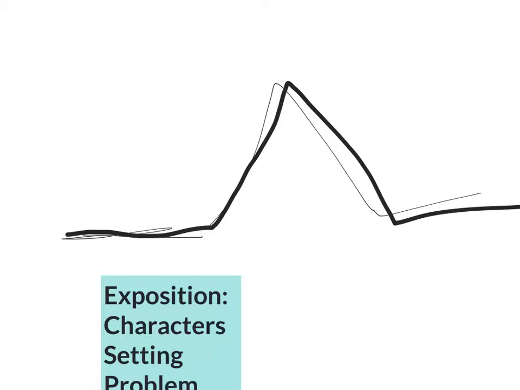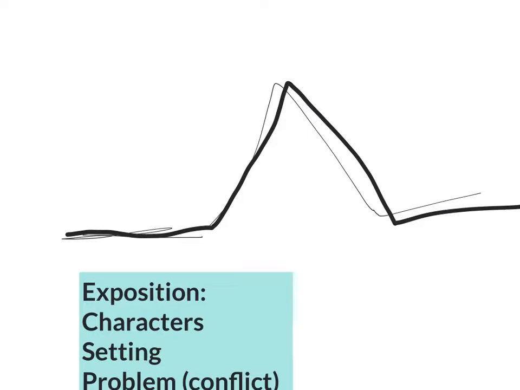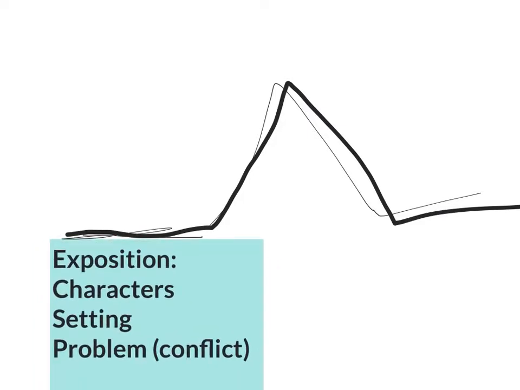But the more academic way to say that is the conflict. So the exposition is where the author exposes us to the characters, the setting, and the problem or the conflict.